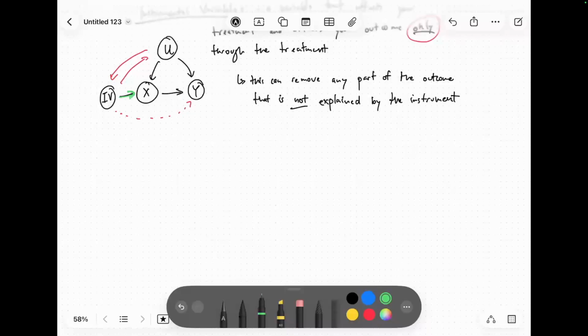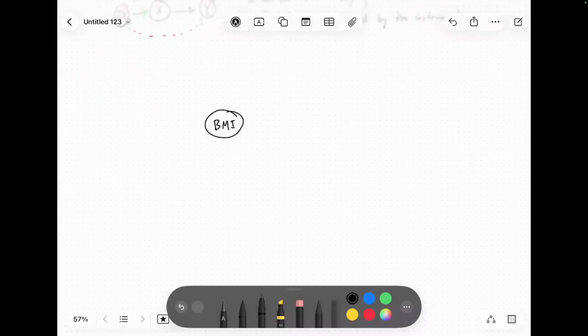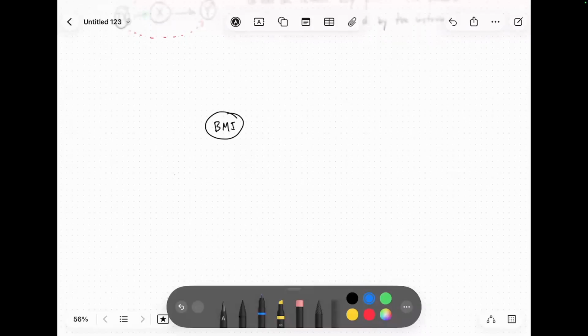All right, so let's do an example of this. I want to look at BMI, and I am interested in the effect of smoking on BMI.